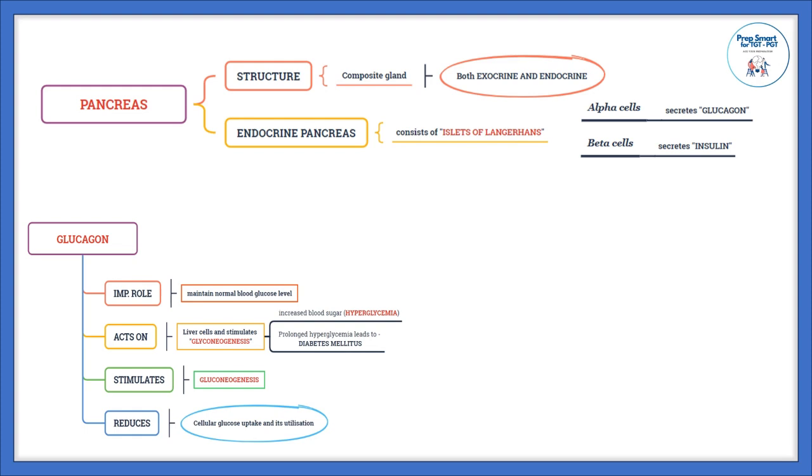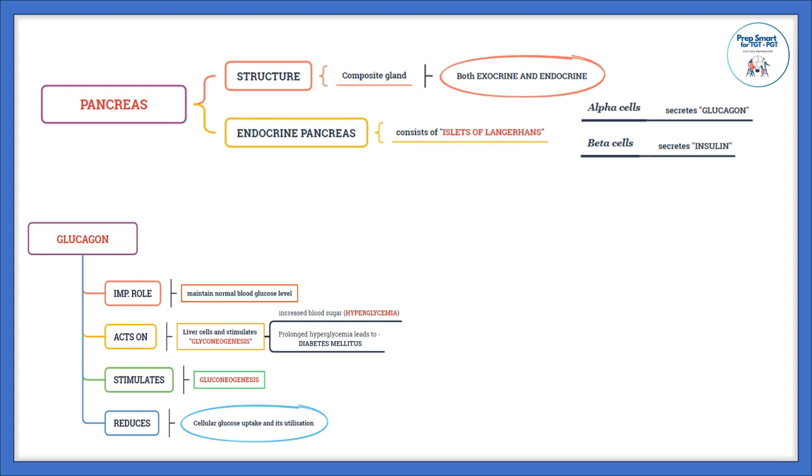It stimulates the function gluconeogenesis. Stimulating the process of gluconeogenesis contributes to the condition of hyperglycemia. Thus, glucagon is considered as a hyperglycemic hormone. Glucagon also reduces cellular glucose uptake and utilization.